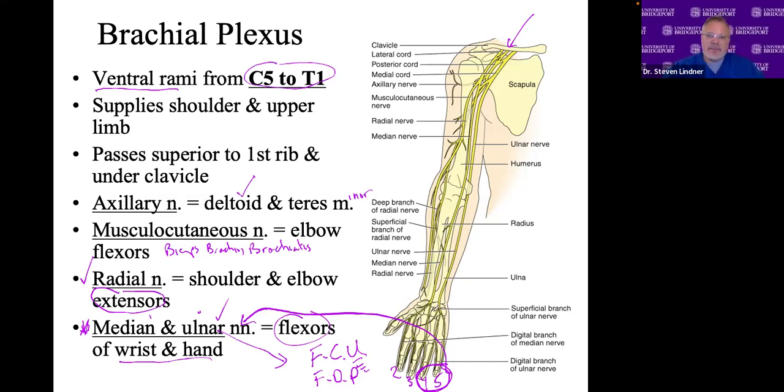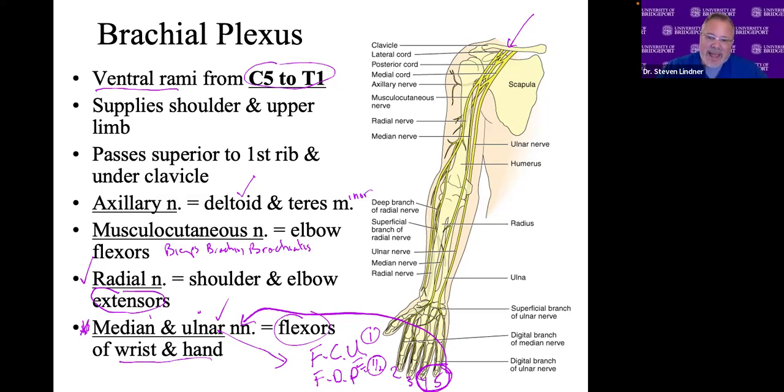Everything else is going to be median nerve. So in terms of wrist flexors and finger flexors, median nerve gets pretty much all of them, but there's 1.5 muscles that get ulnar nerve innervation. The one full muscle is flexor carpi ulnaris, and the half of a muscle is flexor digitorum profundus.